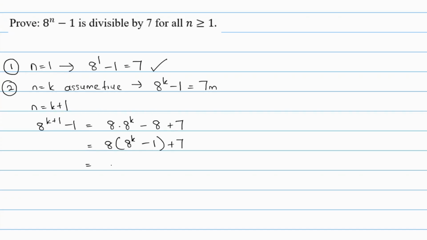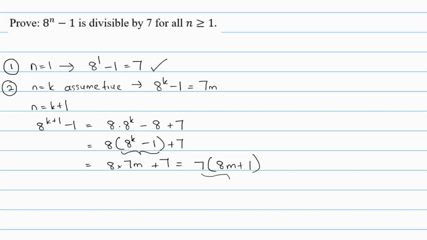This is equal to 8 into 7m plus 7, since we know that this is divisible by 7 due to our previous assumption, and then taking 7 out by factorization, we have 7 into 8m plus 1.